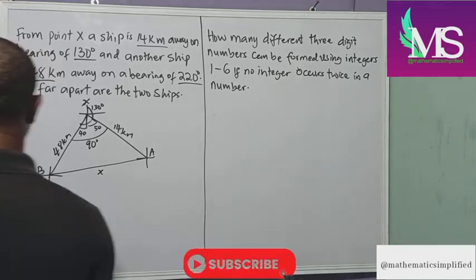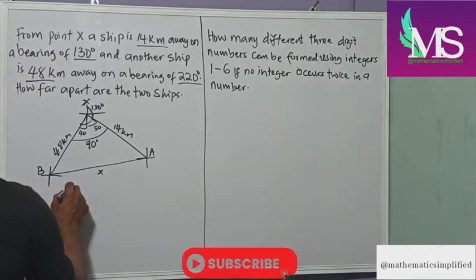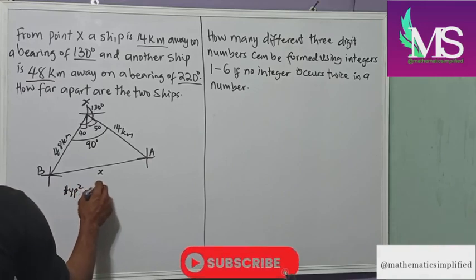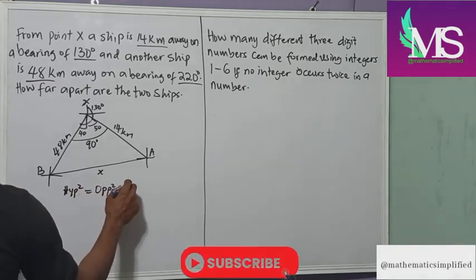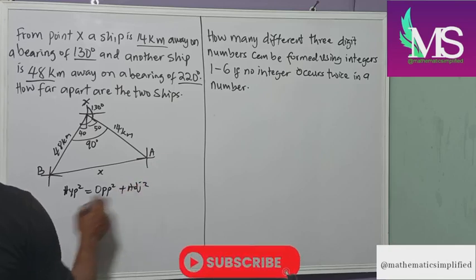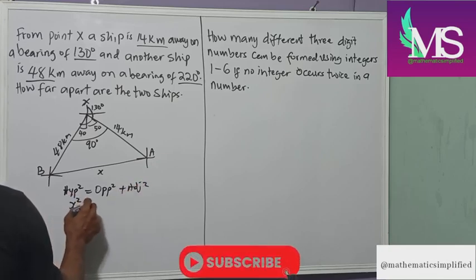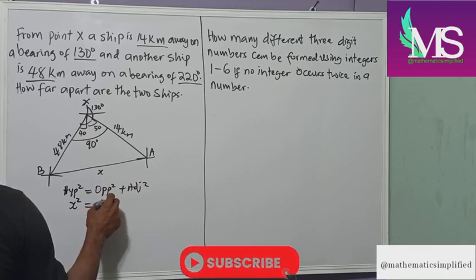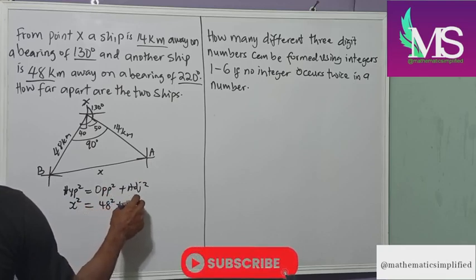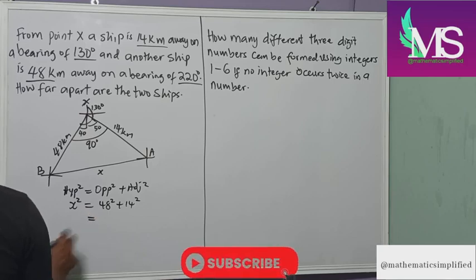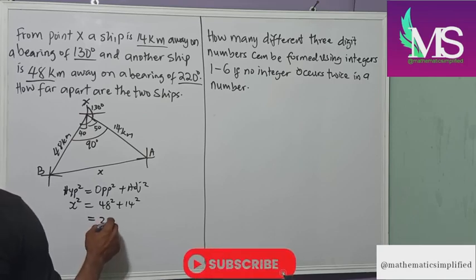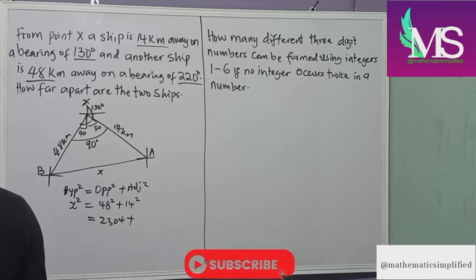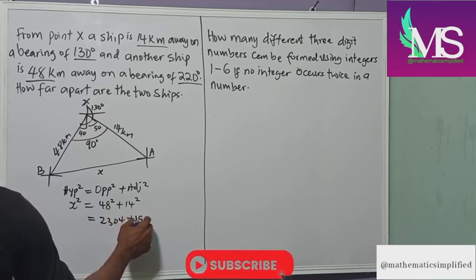So using Pythagoras Theorem, that hypotenuse squared equals opposite squared plus adjacent squared. This becomes X squared equals 48 squared plus 14 squared. Now 48 squared would give us 2304, plus 14 squared, 196.